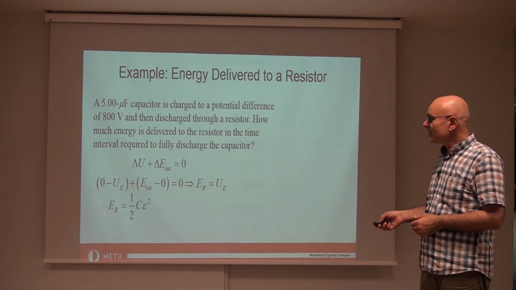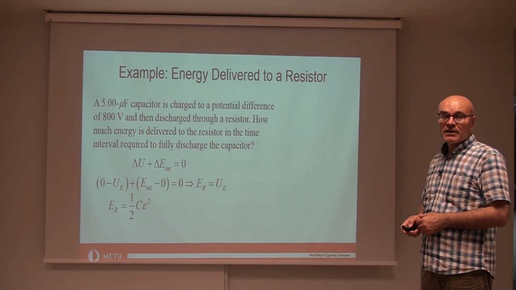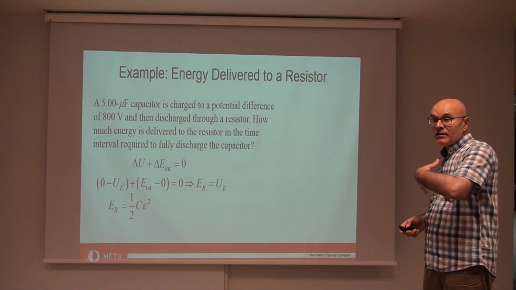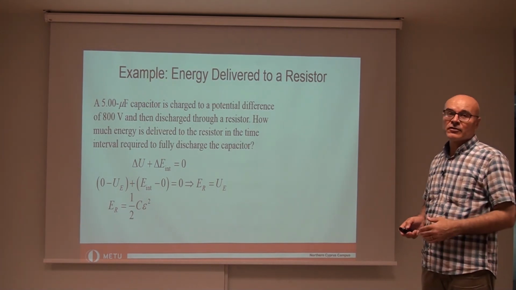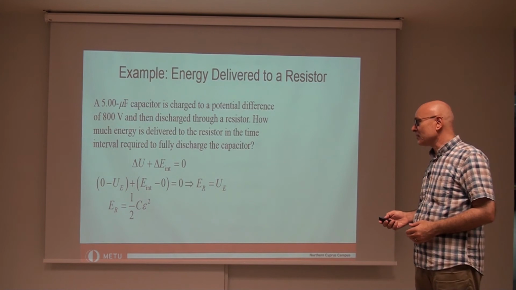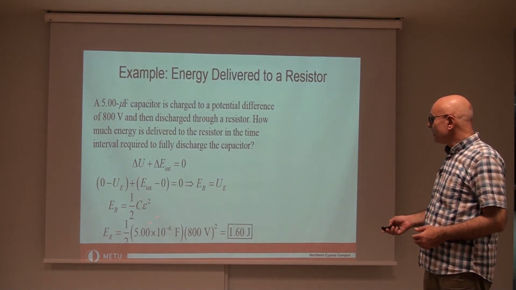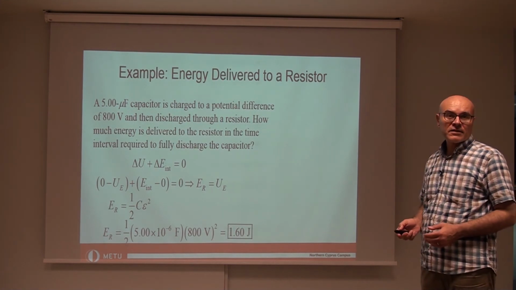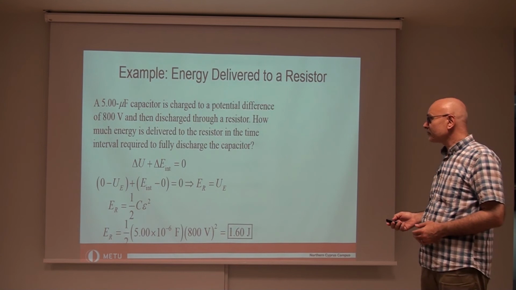So this much energy is dissipated into the resistor after the capacitor has fully discharged. And if you calculate it here, it is about 1.6 joules for this particular example.